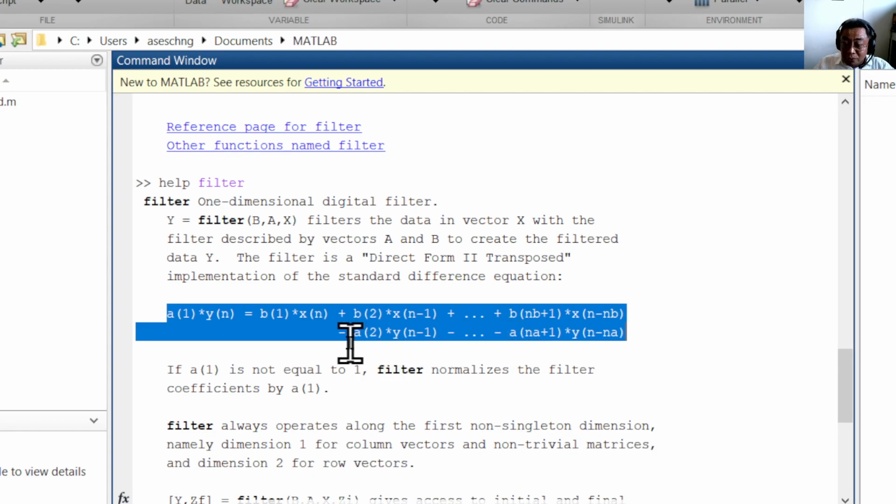And it also uses the past outputs, and the coefficients are minus a(2) y(n-1). So it's the past output, past second output, past third output, and until whatever past output you want. And you'll realize that we have the vector A and the vector B in this expression.